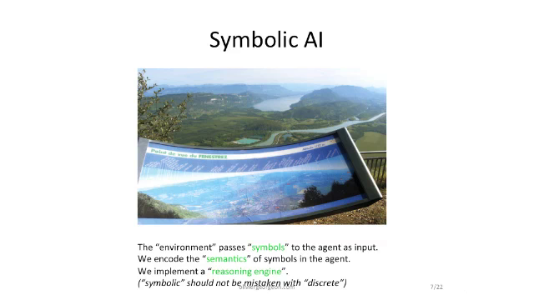So we want to design a system that learns by itself to categorize objects in the world and to learn what the world is made of. So it's very crucial to understand the difference between symbolic AI and non-symbolic approaches.